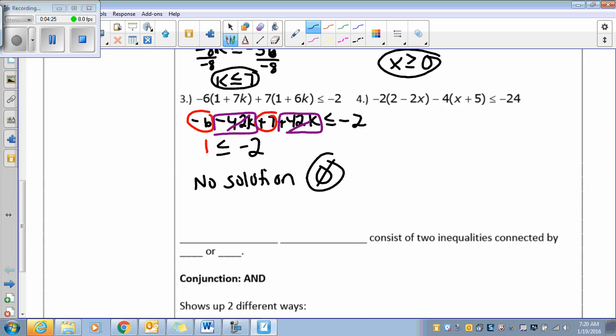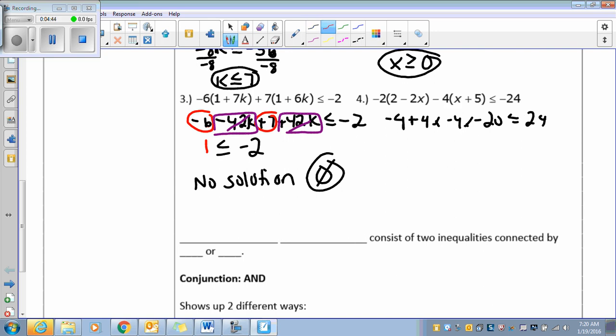Okay, the last one, we again are going to distribute, and we'd have negative 4 plus 4x minus 4x minus 20 less than or equal to 24.